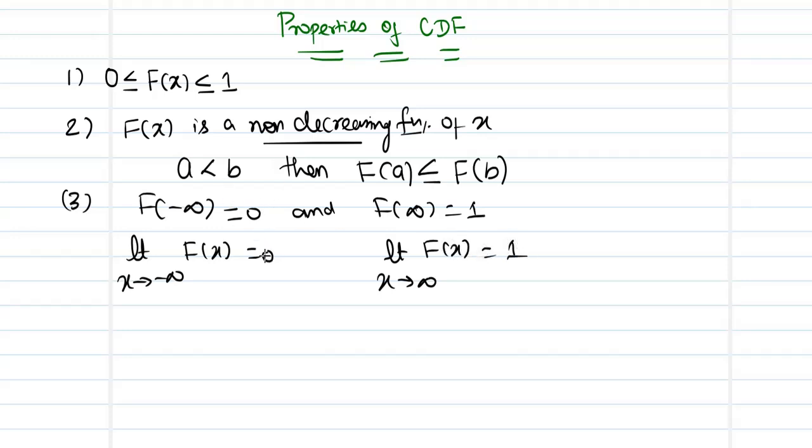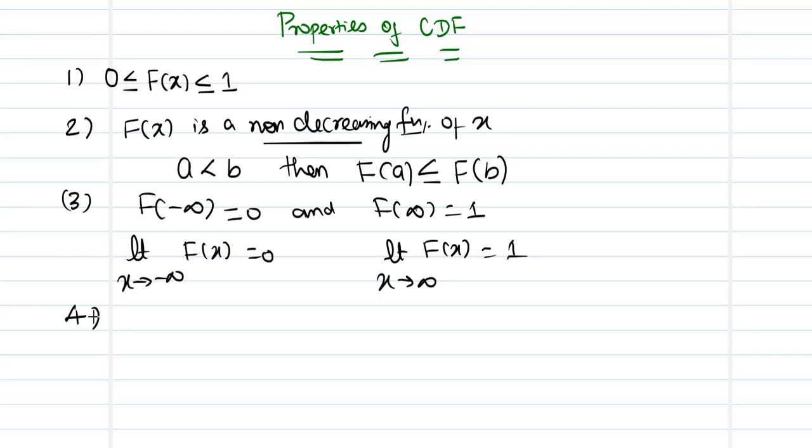This is because at the leftmost value of the range, minus infinity, the value of the cumulant F of x is 0, and as we move towards the rightmost value at infinity, the value gets closer to the end probability, 1.